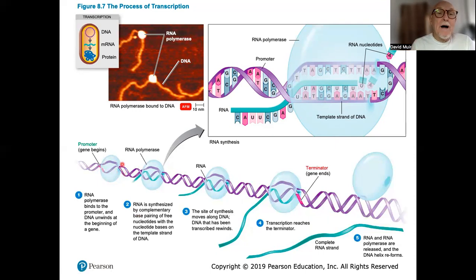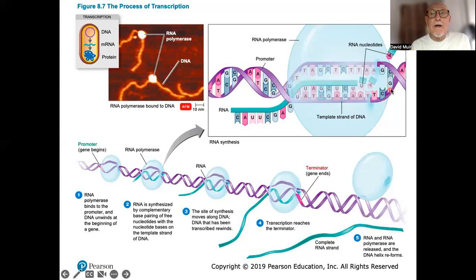The promoter binds here, and the RNA polymerase moves down a certain specific number of bases. When it reaches the start area here, it will open up the DNA and it will begin to transcribe. This here is referred to as the transcription bubble, and it's relatively short.